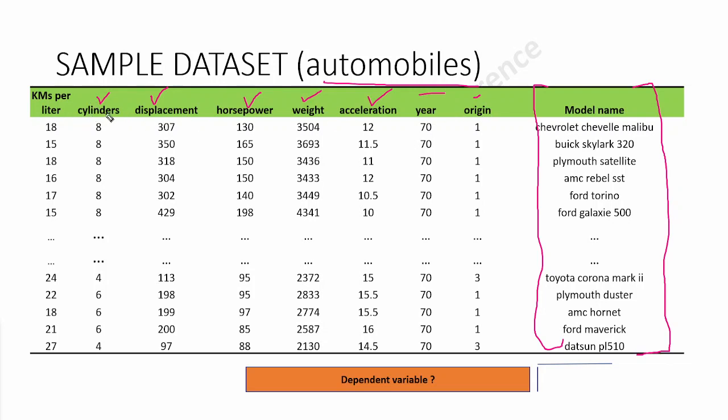Using these columns, we might be able to predict how many kilometers the car would actually run. Sorry, that would become your dependent column, and the others are your independent columns.